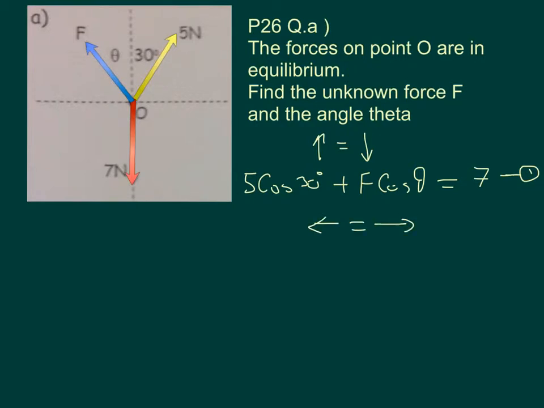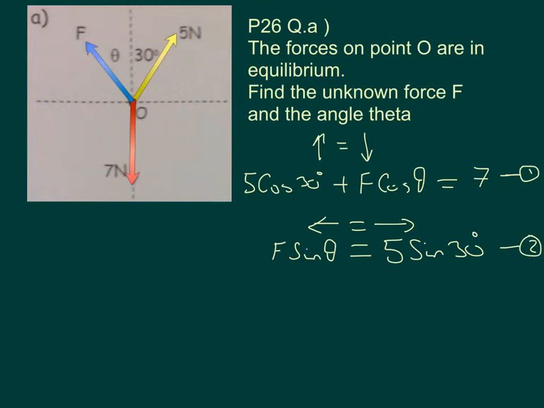We also have horizontal equilibrium, so forces to the left will equal forces to the right. So forces to the left is the component of F this way, and that's going to be F times the sine of theta. Forces to the right are going to be 5 times the sine of 30 here. And so we get another equation for the horizontals, and we'll call that equation 2.